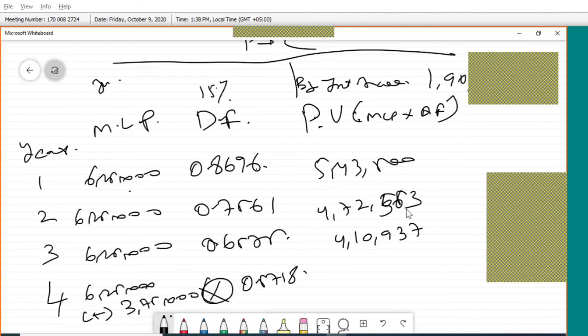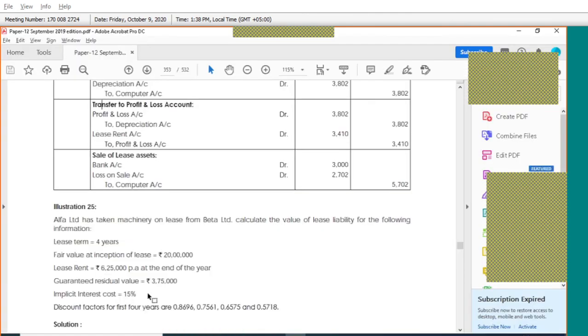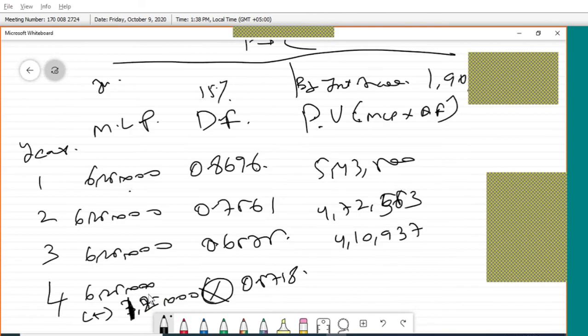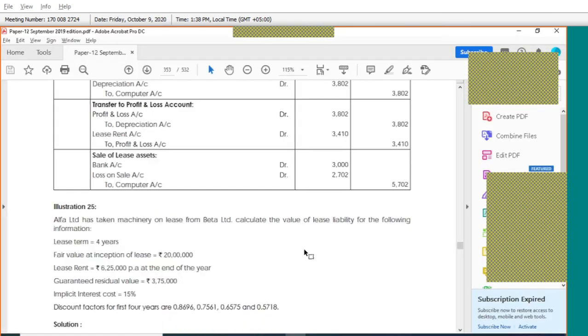You correct it: 7,50,000 means the residual value is 1,25,000. Forget about 3,75,000. You make the guaranteed residual value 1,25,000. There is an error in the question. So 6,25,000 plus 1,25,000 equals 7,50,000.